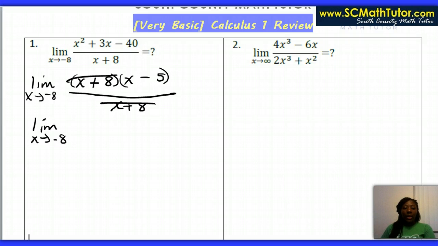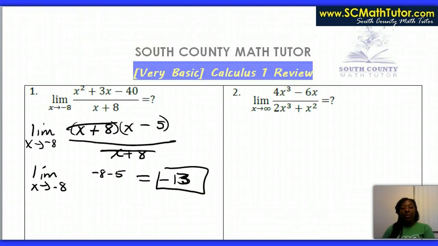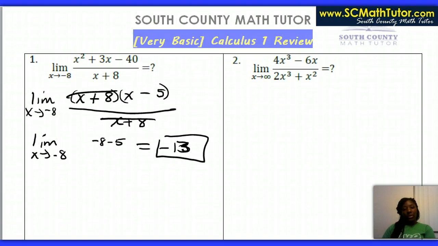So limit as x approaches -8. Well, if I just plug in -8 minus 5, I get that the limit is -13. So if you can do some mathematical kung fu, go ahead and do that. What I mean by that is try to simplify and cancel out so that you don't have those undefined problems.